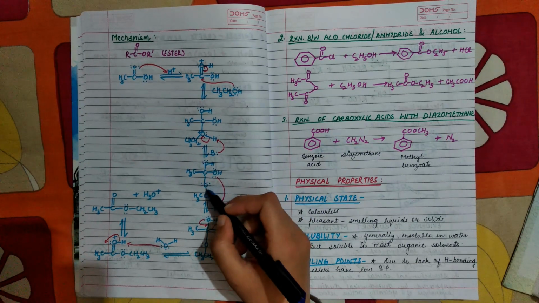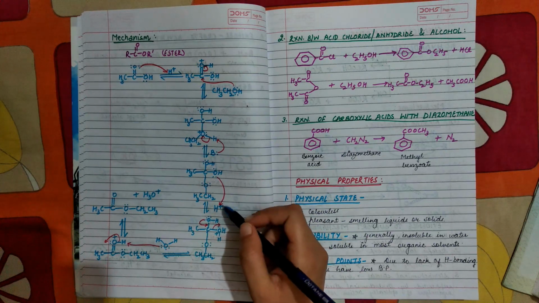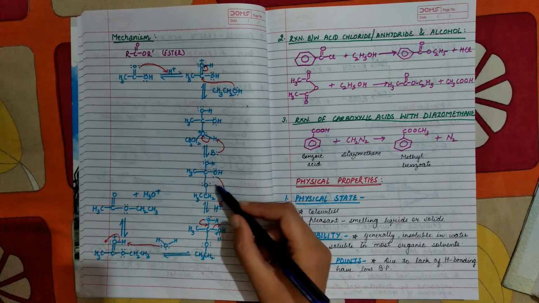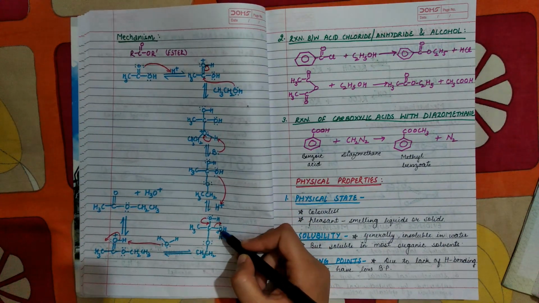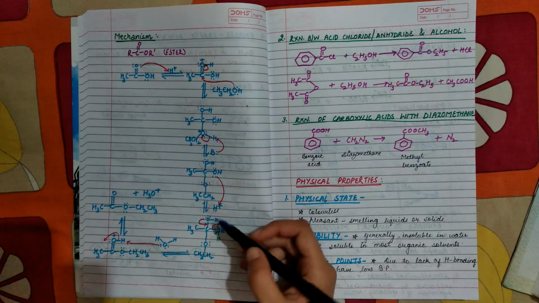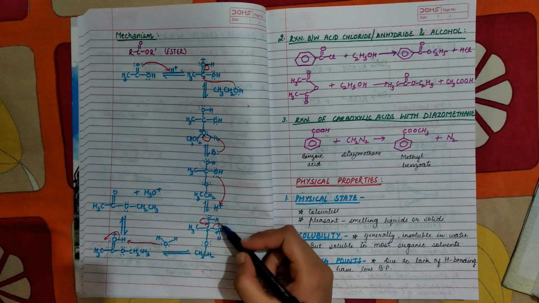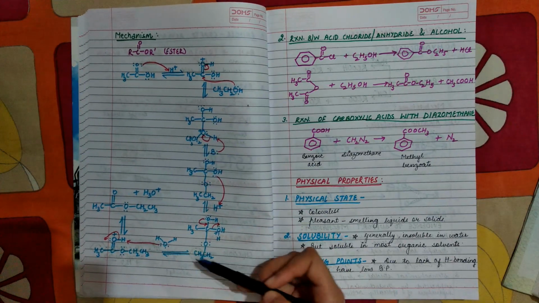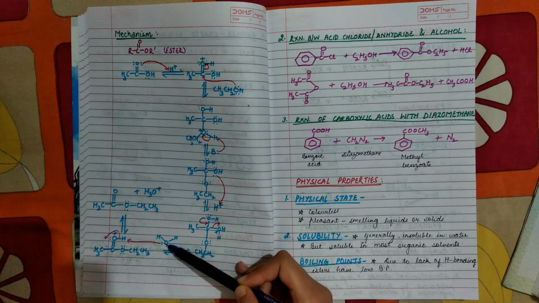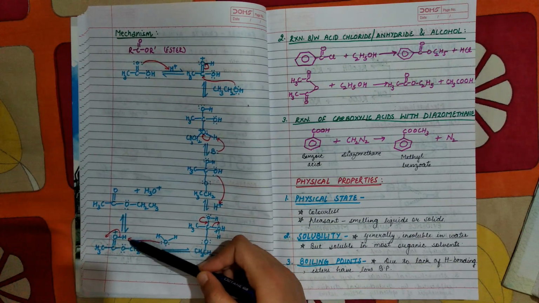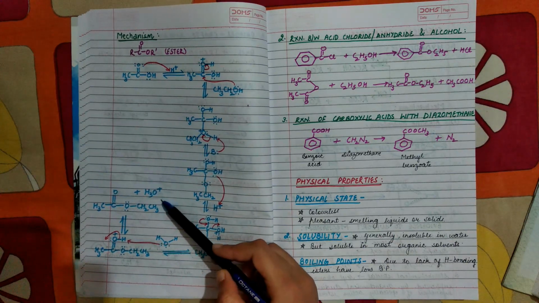So here we get O, CH2, CH3 as it is, and when it is attacked by H positive, this lone pair shifts to H plus and it forms a bond with oxygen. Here OH positive. Now this lone pair shifts to OC bond and this bond is moved away, and we form a structure like this. Here water attacks again on hydrogen, and this is removed from here and we get ester plus H3O positive.